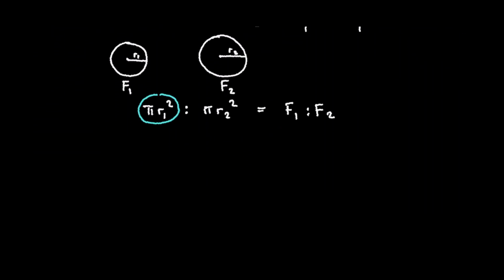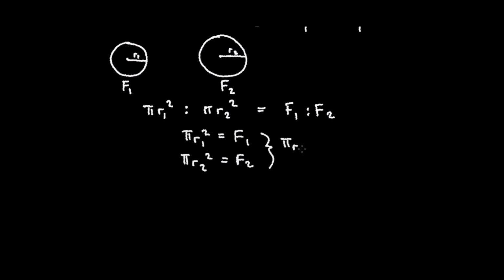What I want you to notice is that we have combined two statements here. The first statement is that pi R1 squared is equal to F1. The second statement is pi R2 squared is equal to F2. But we know that these exist in a ratio, therefore these are also going to exist in a ratio.